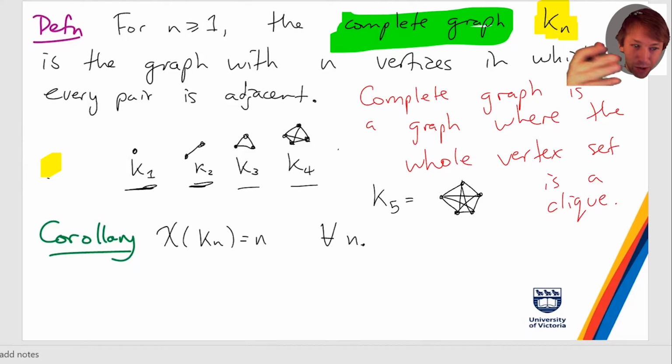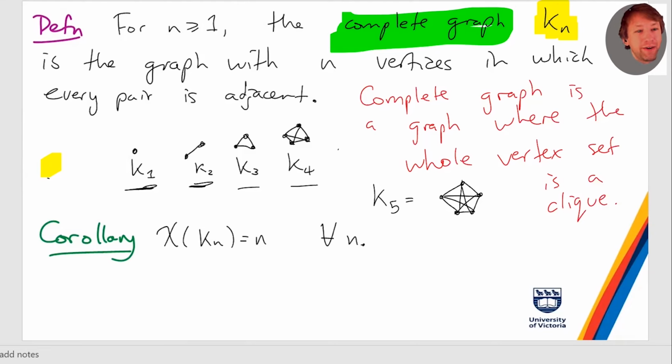So n minus 1 plus n minus 2 plus n minus 3, and so on, all the way down to 1. That's correct. You could think of that as taking one vertex, which has degree n minus 1, and deleting it, which removes n minus 1 edges, and then you're left with a complete graph with n minus 1 vertices. Is that how you got it?